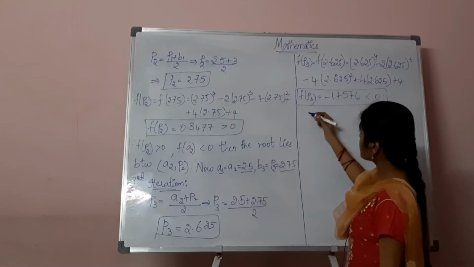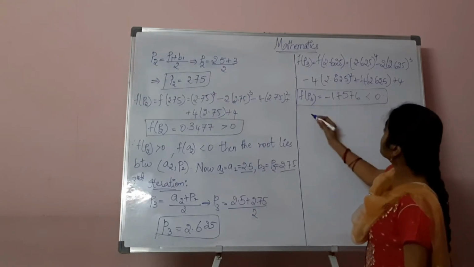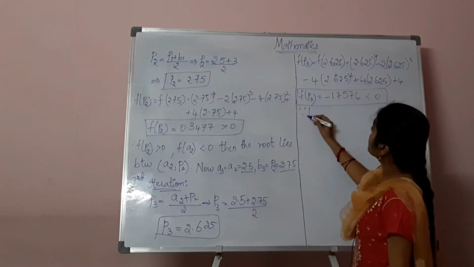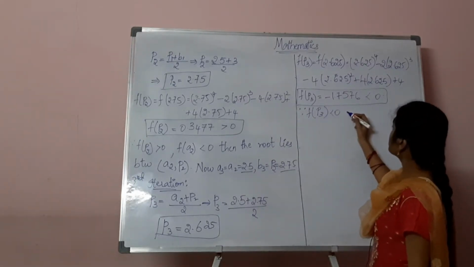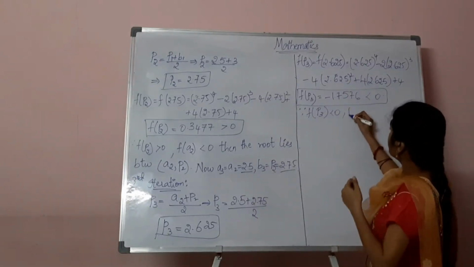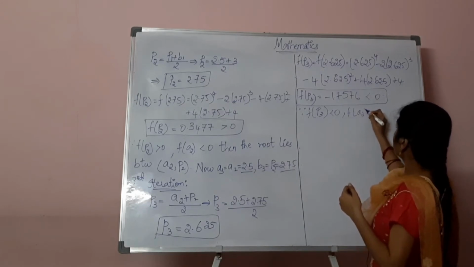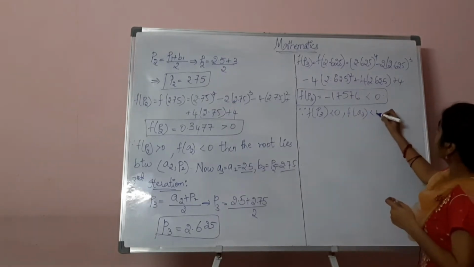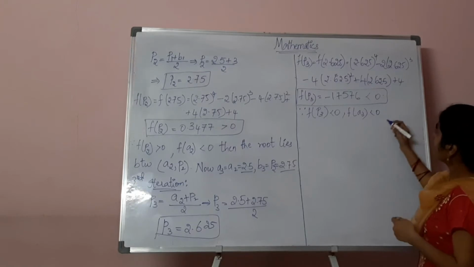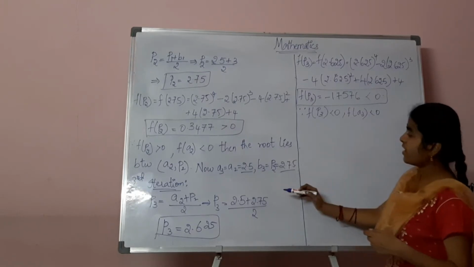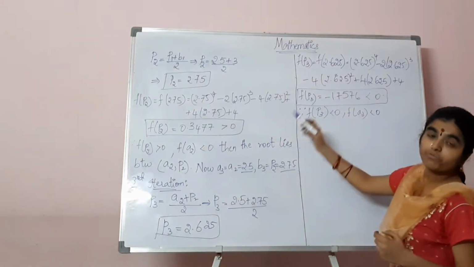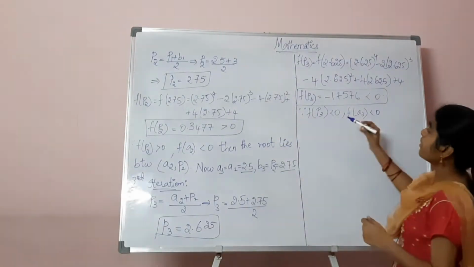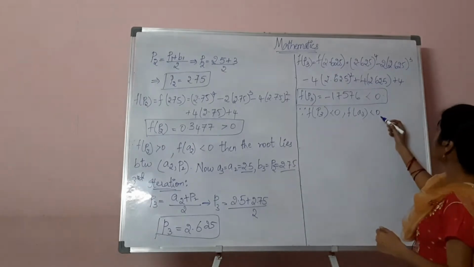Now, since f of P3 is less than 0, and f of A3 is also less than 0. So what is A3 here? 2.5. We have substituted 2.5 into f of 2.5, and that value we got negative.